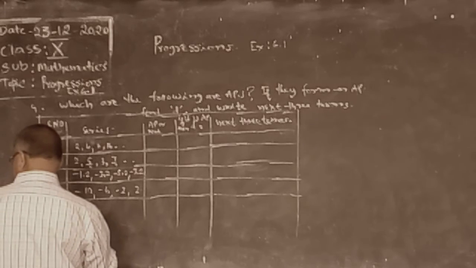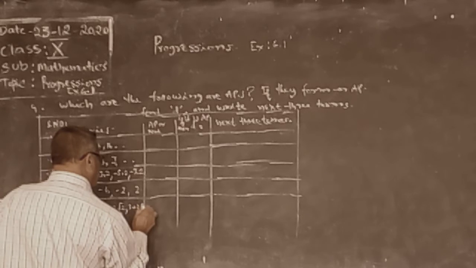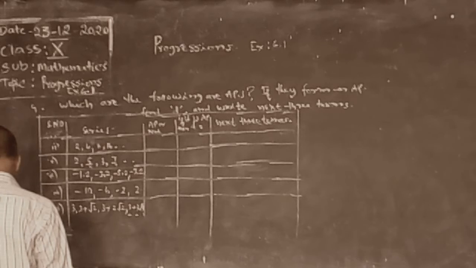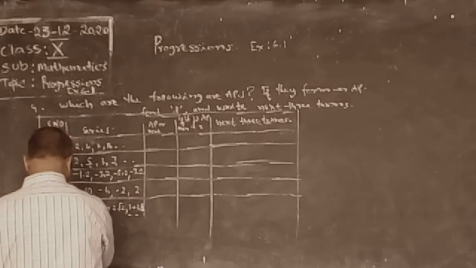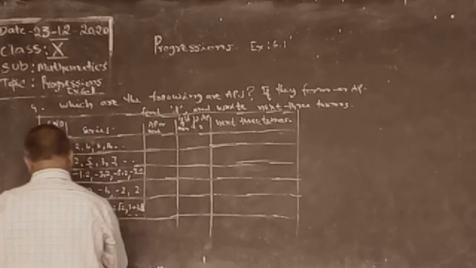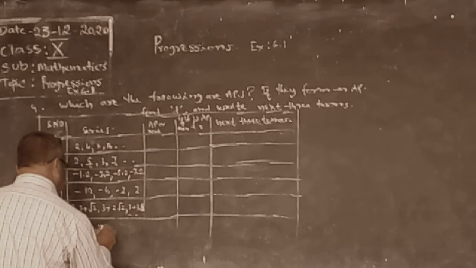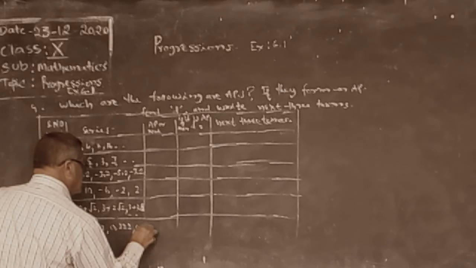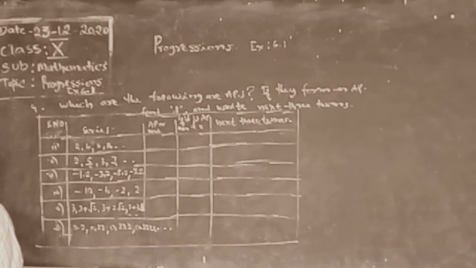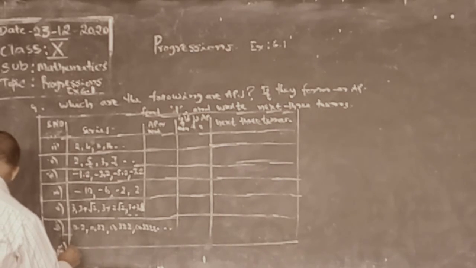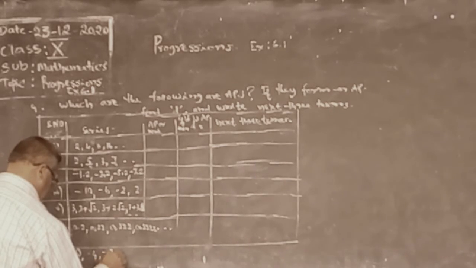Number 5: 3, 3 plus root 2, 3 plus 2 root 2, 3 plus 3 root 3, and so on. Number 6: 0.2, 0.22, 0.222, 0.2222, and so on. Number 7: 0, minus 4, minus 8, minus 12.